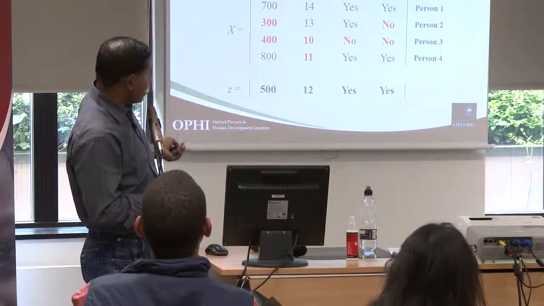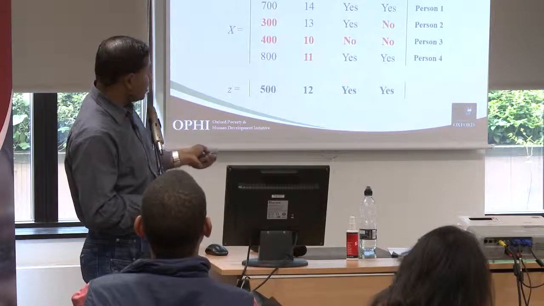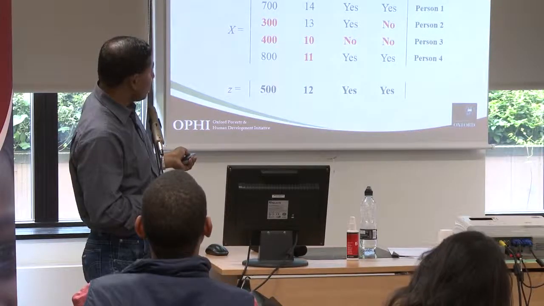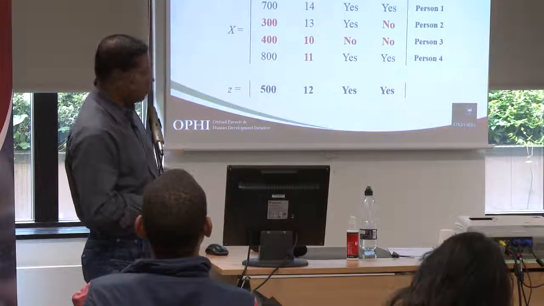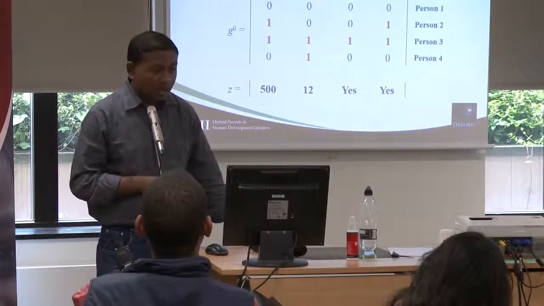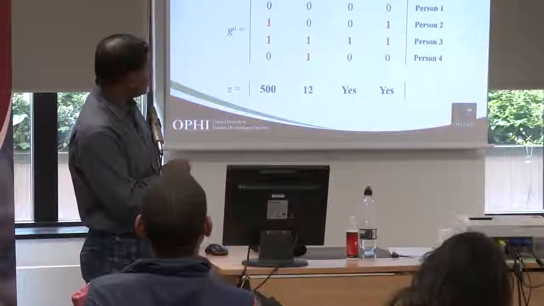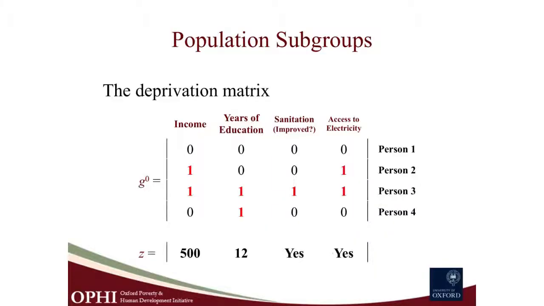You can understand that by looking at the deprivation cutoffs: the deprivation cutoff for income, for education, and so on. The main idea was to dichotomize all these into 0 and 1. If you are deprived, you get 1. If you are non-deprived, you get 0.